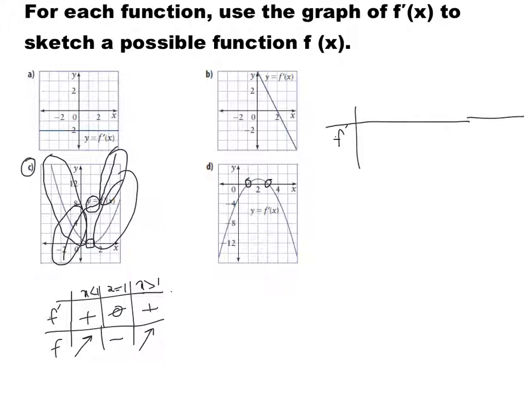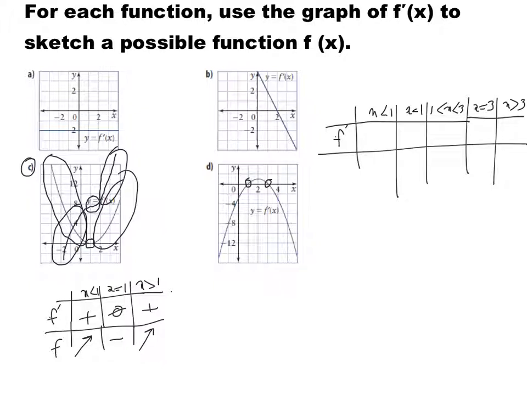So at x equal to 1, x equal to 3, x greater than 3, x between 3 and 1, and x less than 1. I know that at 1 and 3, derivative is 0.